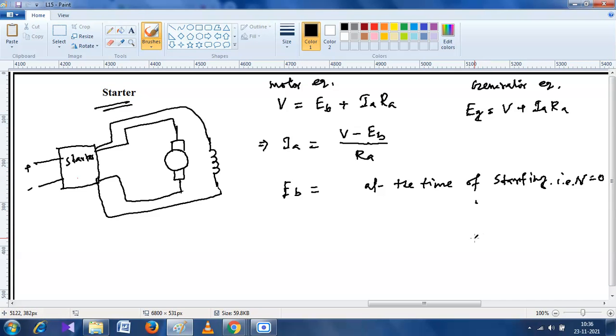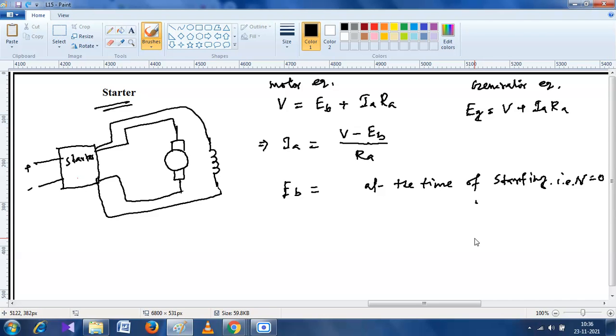What is the value of N at the time of starting? N means rotation per minute, or the revolution of the armature. The unit is RPM. What is the value of the rotation at the time of starting of a DC motor? Almost zero, sir. Zero or exact zero.